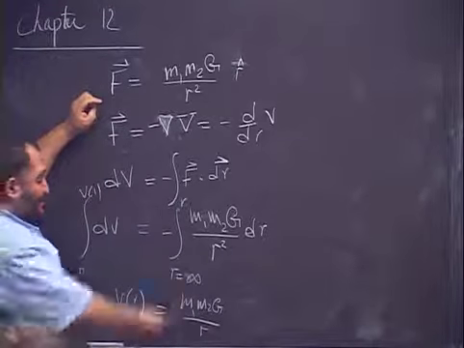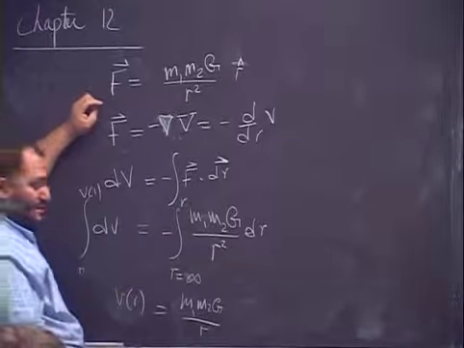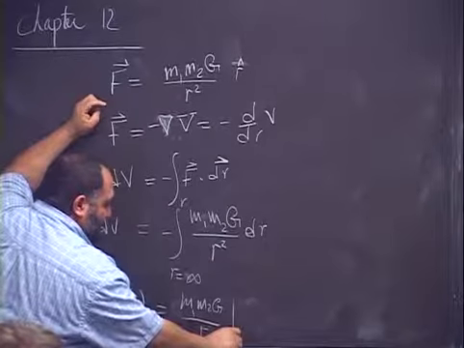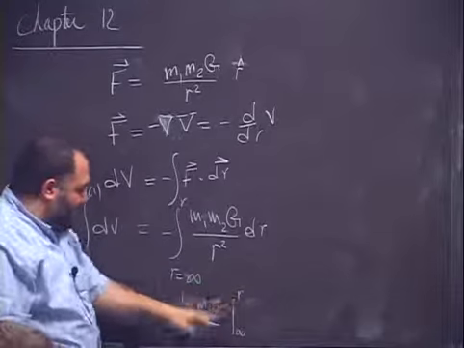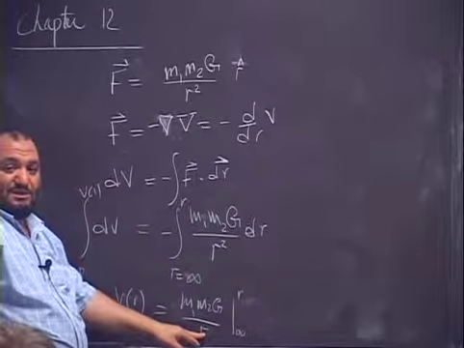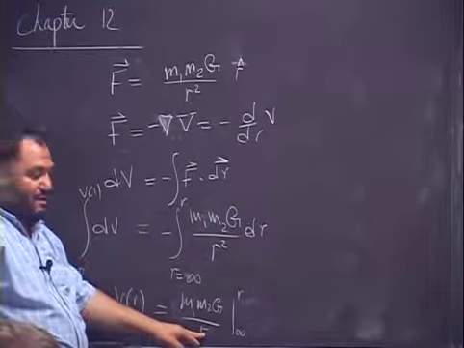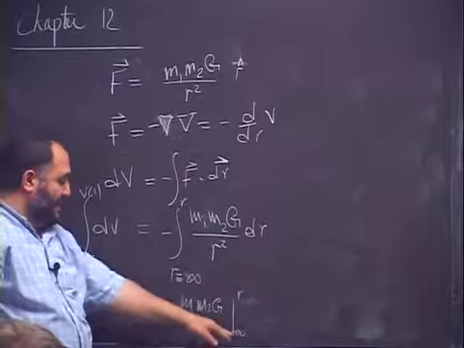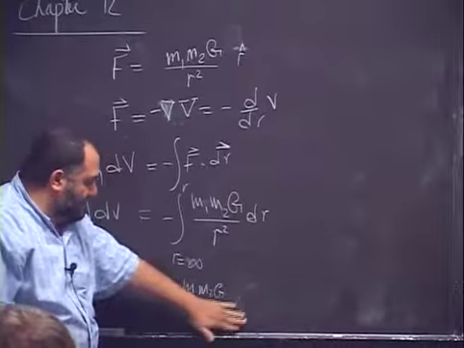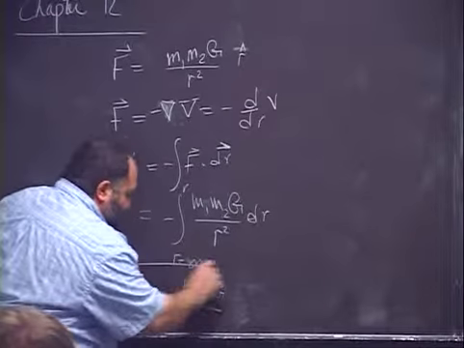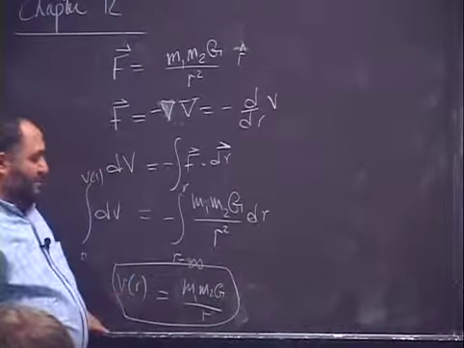Yes? Minus sign will cancel minus what? Sign. Then you will integrate from what? R to infinity. At r, this is equal to what? R, substitute R. And at infinity, this is equal to what? 0. So you will have what? So this is the gravitational what?